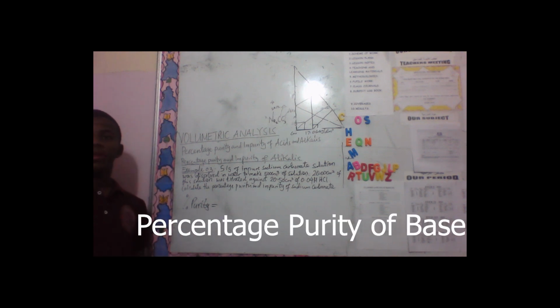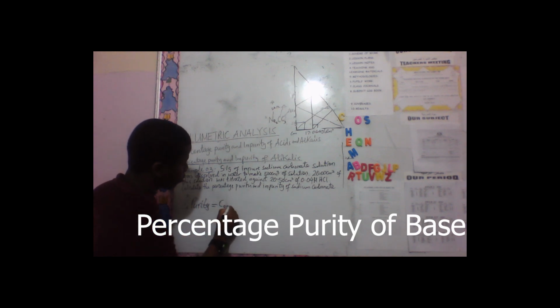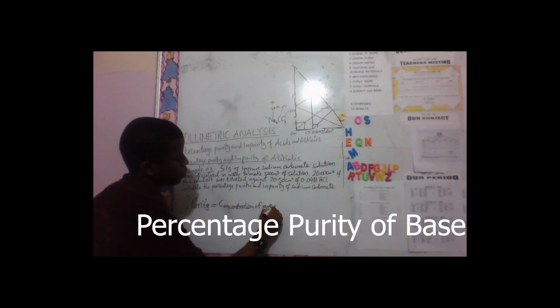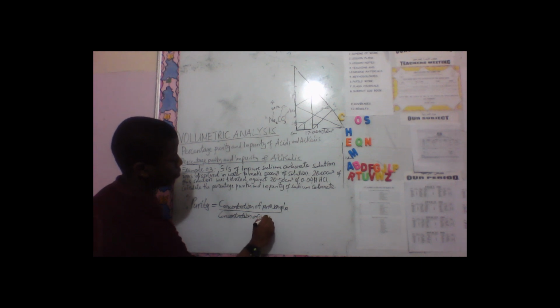Percentage purity is equal to concentration of pure sample over concentration of impure sample, times 100.